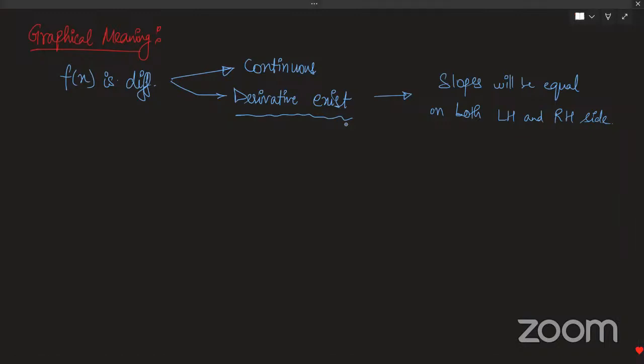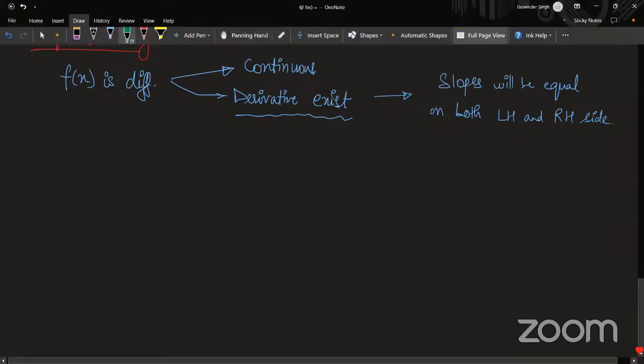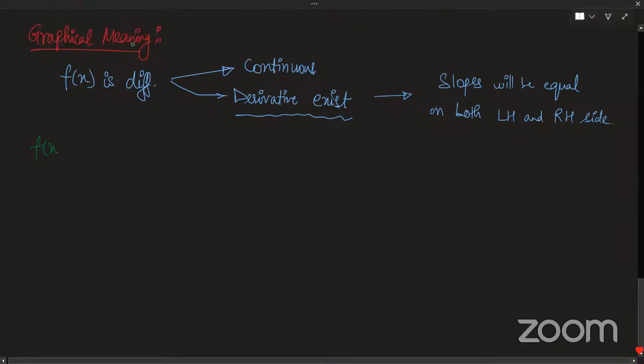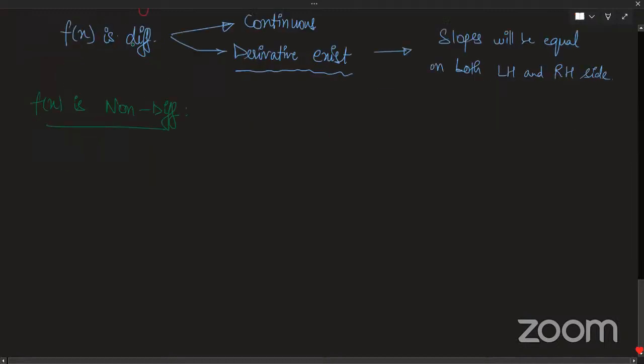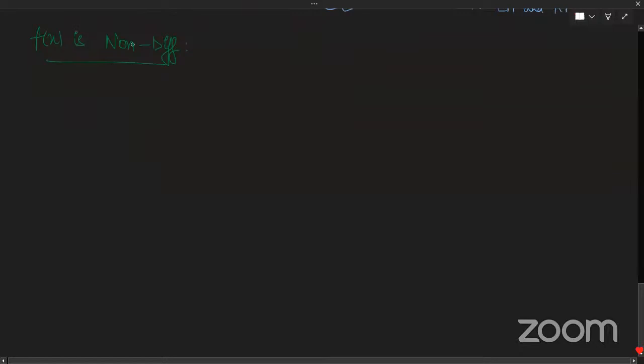So for example, I give you that a function f of x is non-differentiable. What could be the possibilities on a graph? Let us see the three possibilities. First is non-continuous.